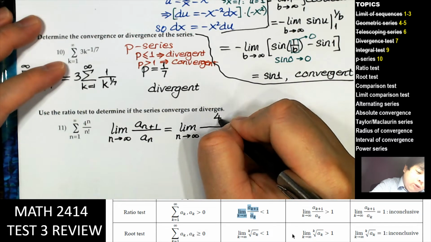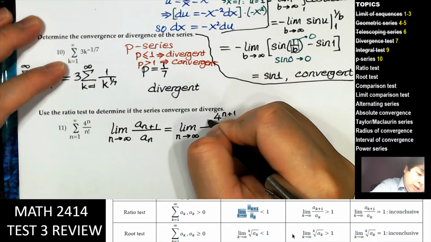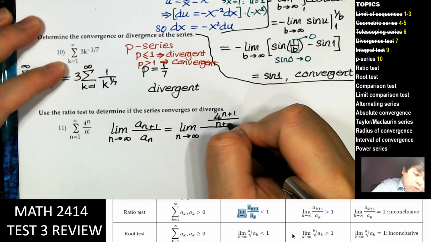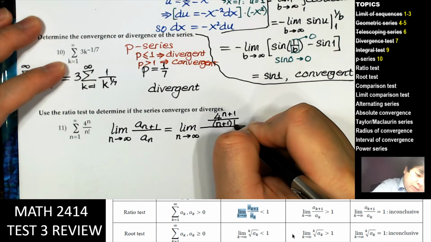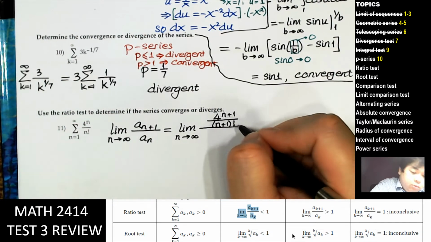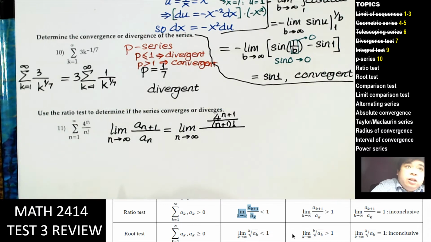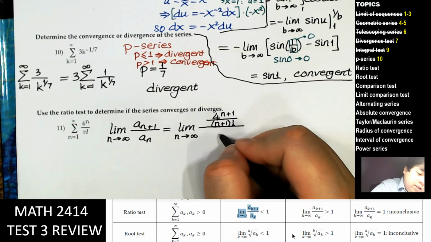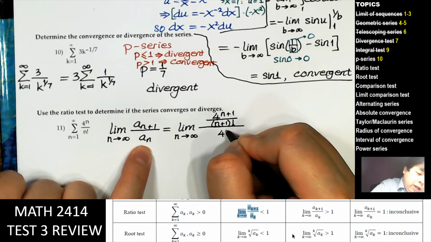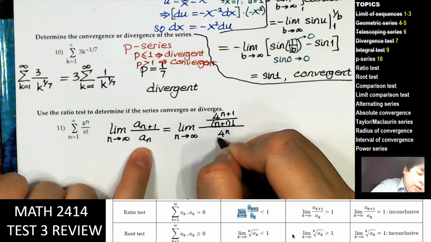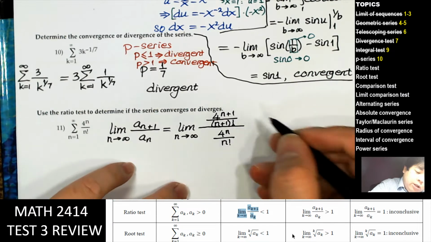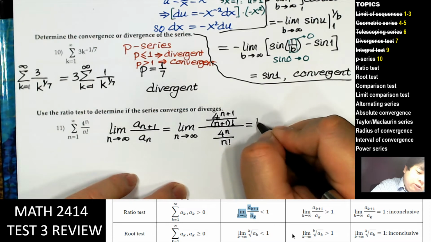So we have 4 to the n plus 1 over n plus 1 factorial. That is factorial. The bottom we have just a sub n, which is 4 to the n over n factorial. Multiply by the reciprocal.